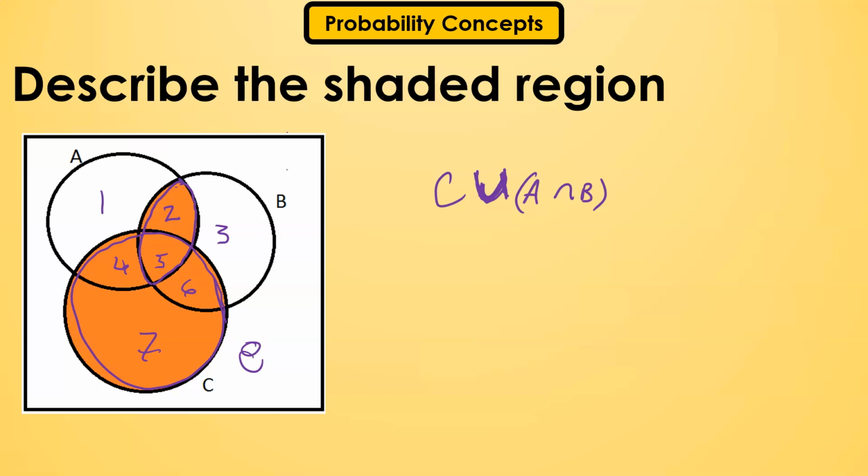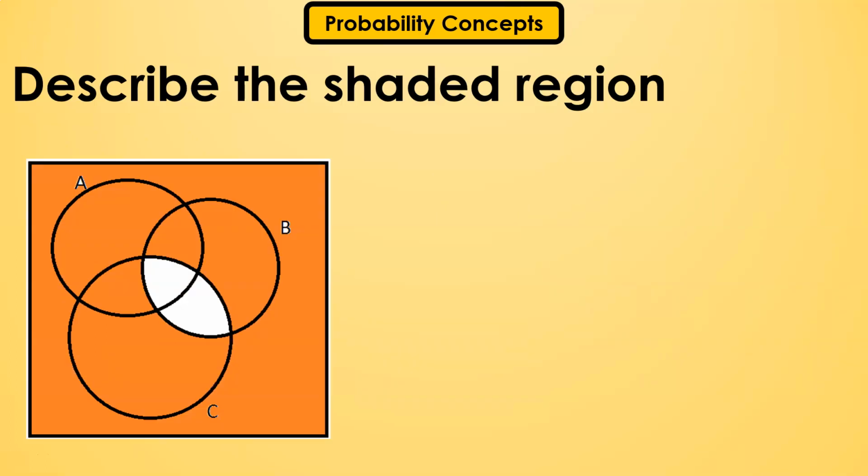So it's the union of C and A and B. This one's relatively straightforward. This region here would be the probability that you've got of B and C. So that must be not B, C.